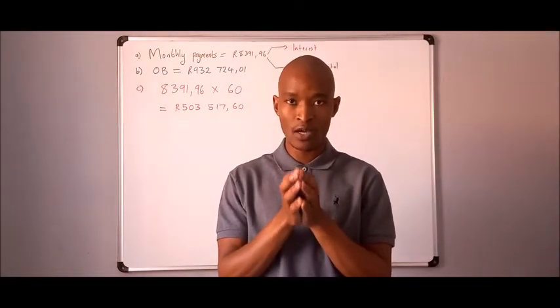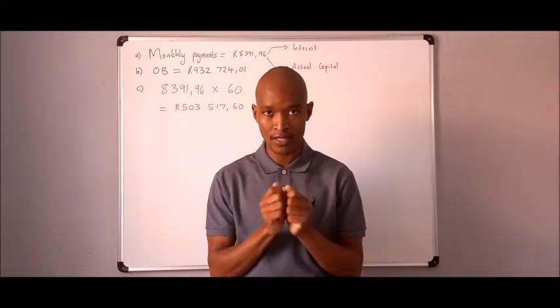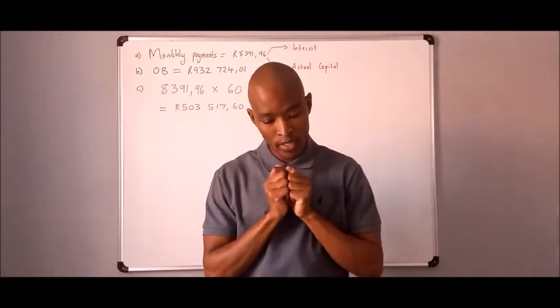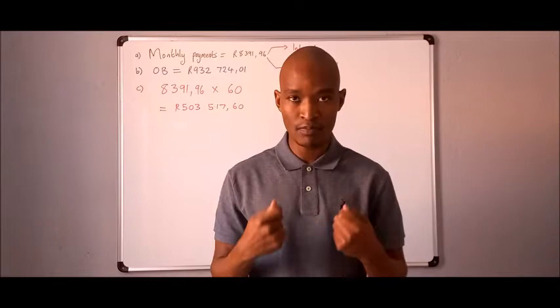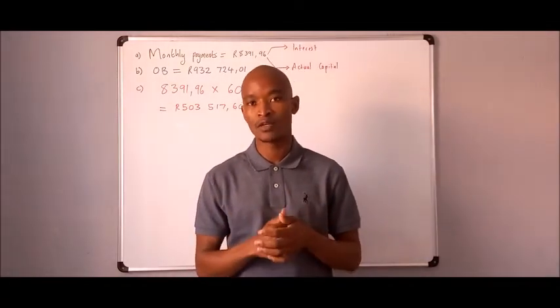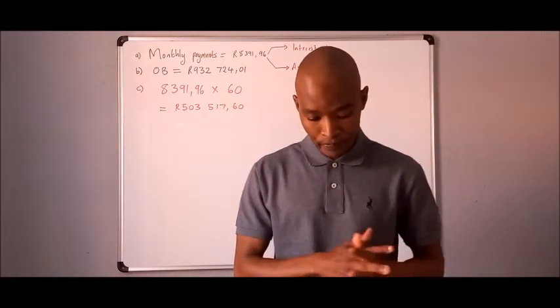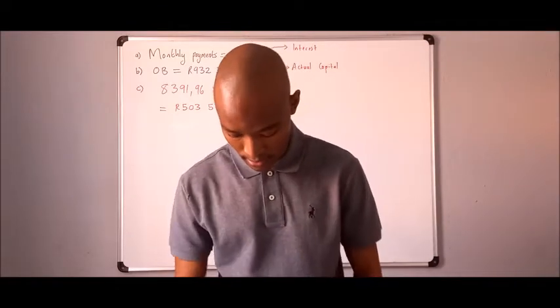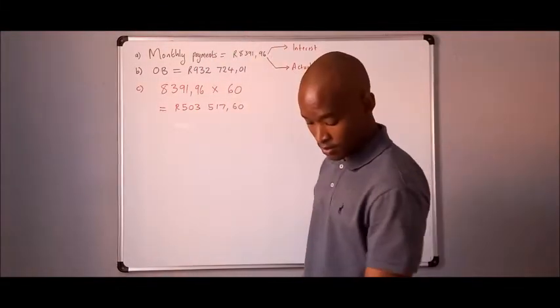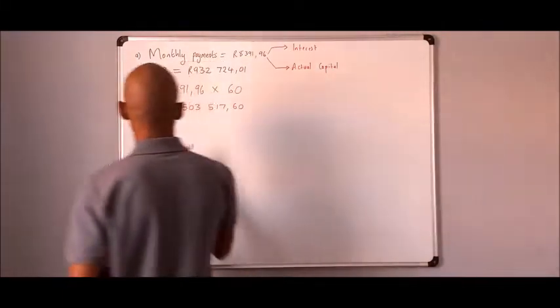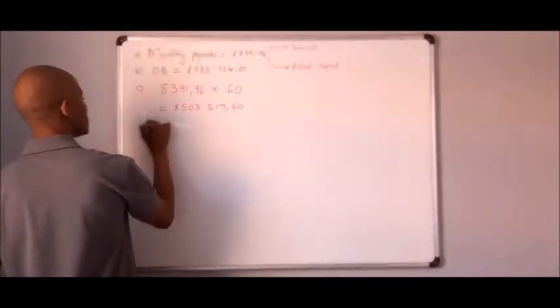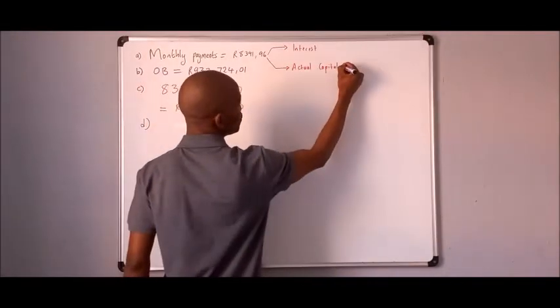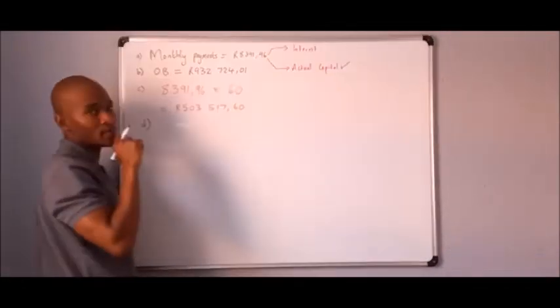How much is the loan? 1 million rands. And what is the actual capital? It means the original capital of the loan. How can we calculate the amount that went into the payment of actual capital?